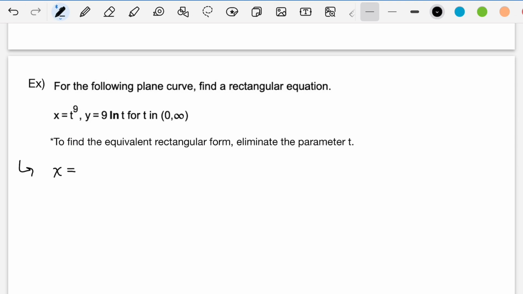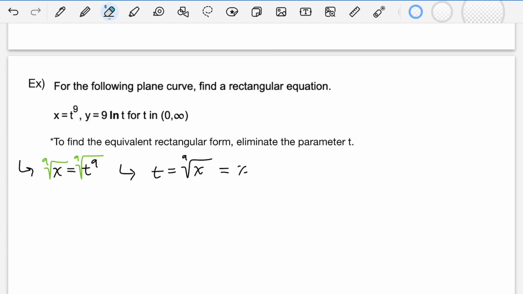x is equal to t to the 9th power. To get t alone, we'll take the 9th root on both sides of our equation. So we'll get that t is equal to the 9th root of x. And another nicer way to write this is x to the power 1 over 9.